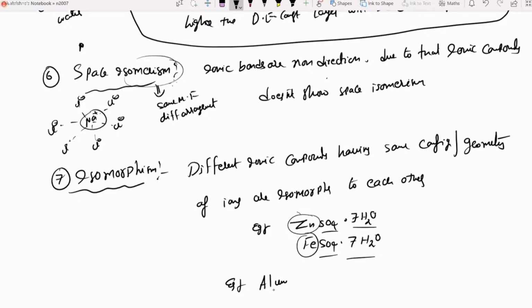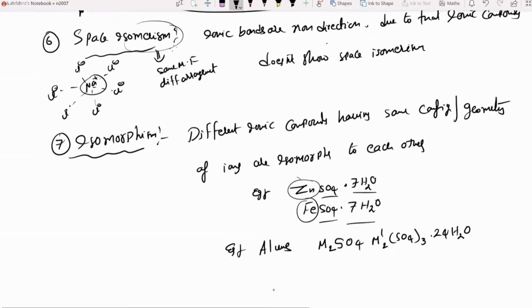Another example: alums. What is the alum general configuration? M2SO4·M'2(SO4)3·24H2O. All alums are isomorphs to each other. Why? Because every alum has a +1 charged cation and a +3 charged cation.